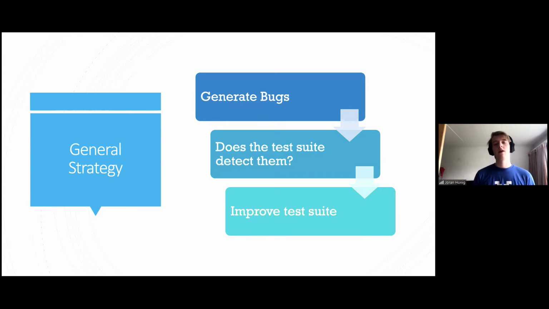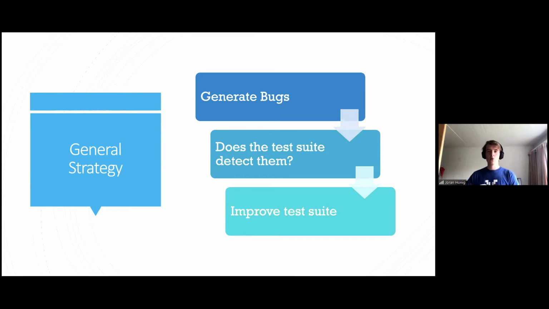Next, we take the test suite you have and run it on each version of the program, each with a different bug, and see if the test suite succeeds or fails. If the test suite succeeds, it doesn't detect the bug, so we say in this case that the bug survived. If the test suite fails, it does actually find the bug, and it helps you to know that something is wrong. Then we say that the bug is killed.